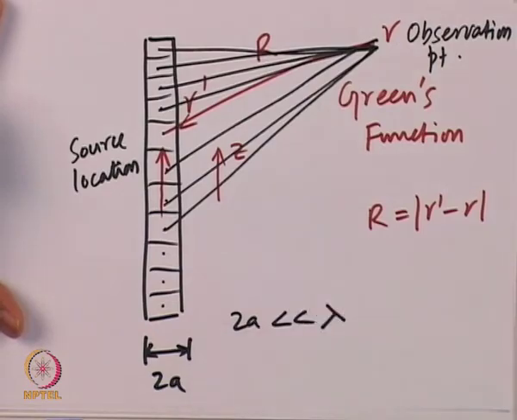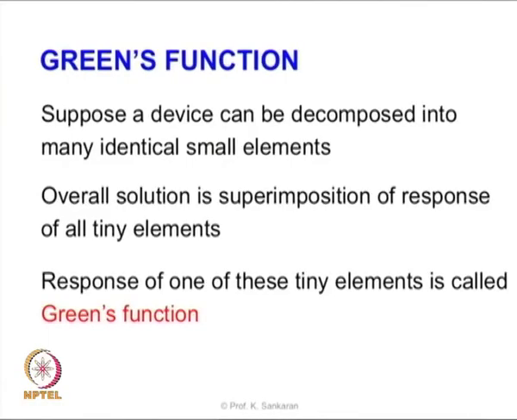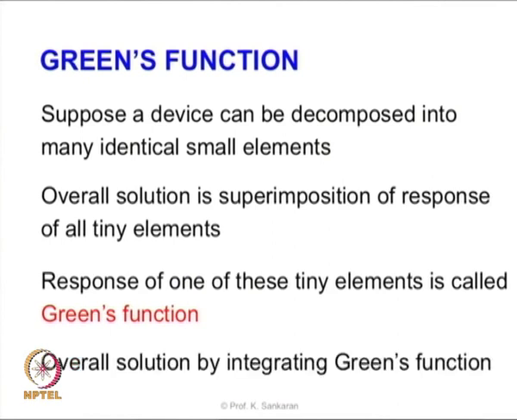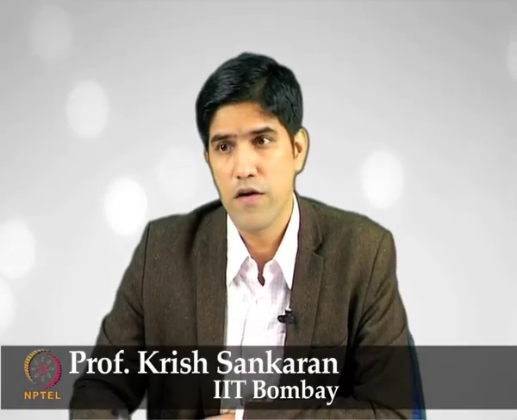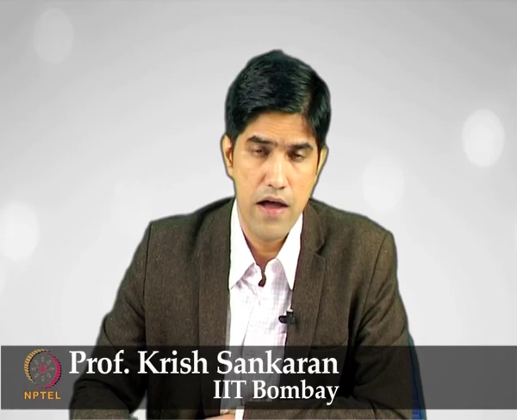So we will use this principle to compute the overall response, and the individual responses of the tiny elements are the Green's function, and the overall solution is going to be the integration of the Green's function itself. So at this point we will stop, and in the next module we will come and compute the value of the Green's function for this test case and take it from there on. Until then, goodbye.